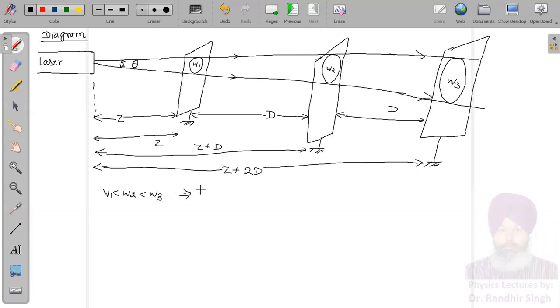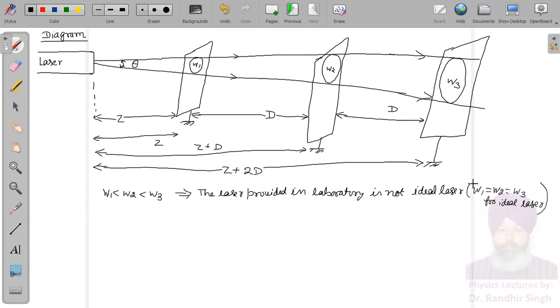This means that the laser provided in the laboratory is not an ideal laser. Please remember, W1 will be equal to W2 will be equal to W3 for an ideal laser. In case of an ideal laser, the spot size will remain the same. Wherever you put the screen, it will not increase.